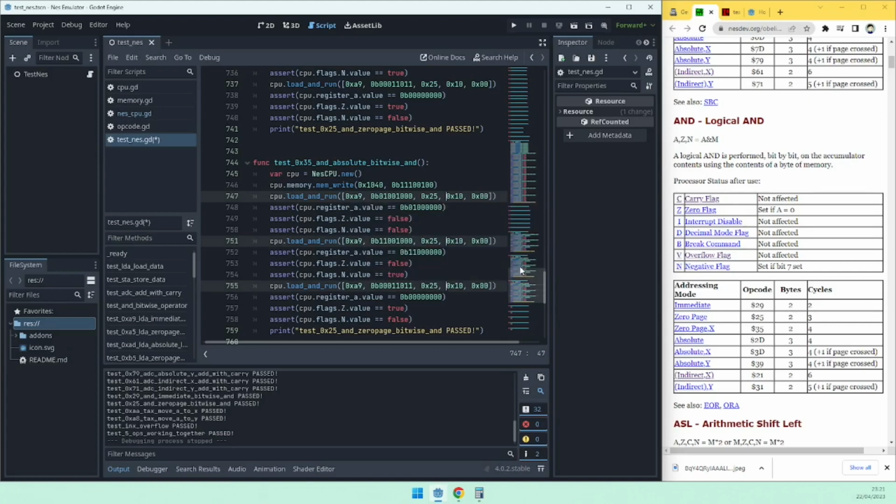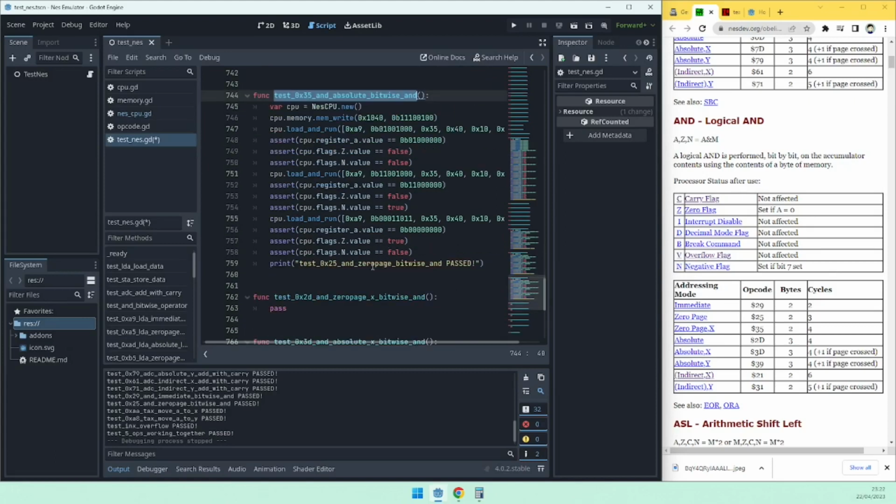And of course, change our instruction to 35. So this is absolute.